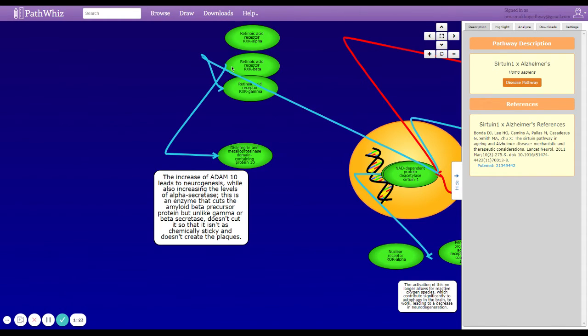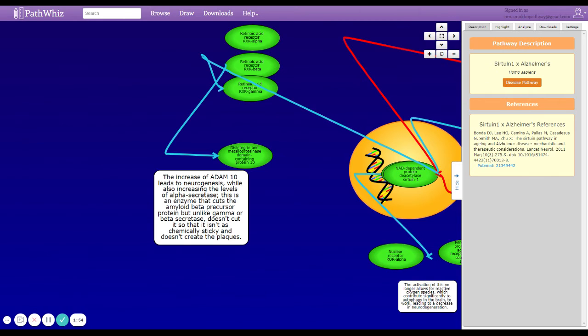And this also controls and activates the specific enzyme called ADAM10. And the increase of ADAM10 actually leads to neurogenesis because secretases, which are alpha secretase, gamma secretase, and beta secretase, they basically cut up the amyloid beta precursor protein into the small fragments which make up the plaques.